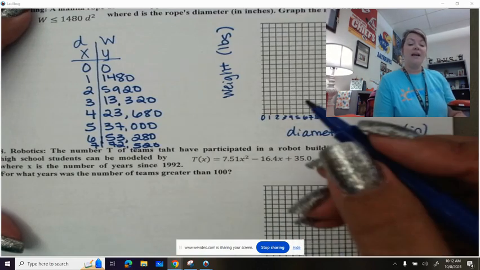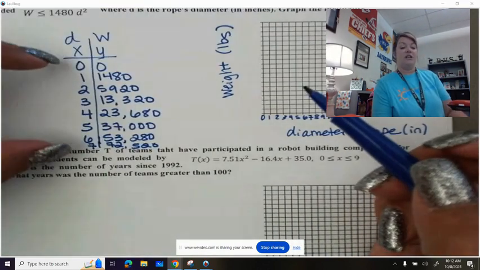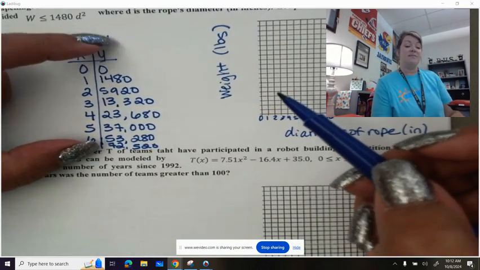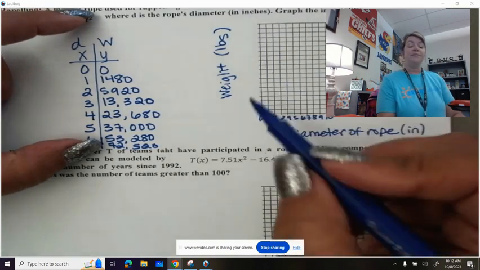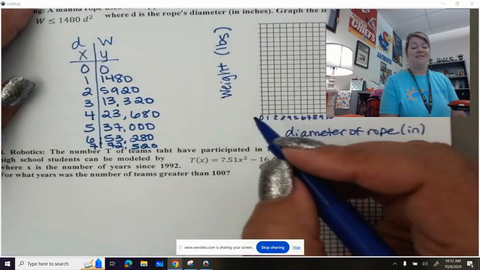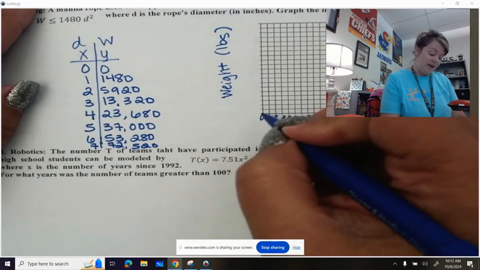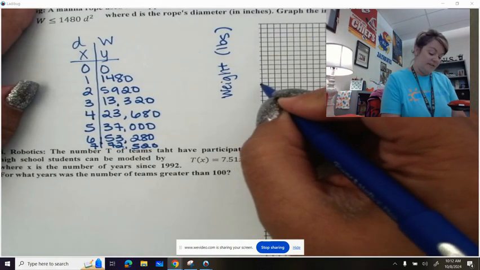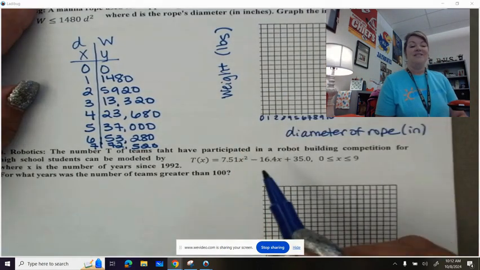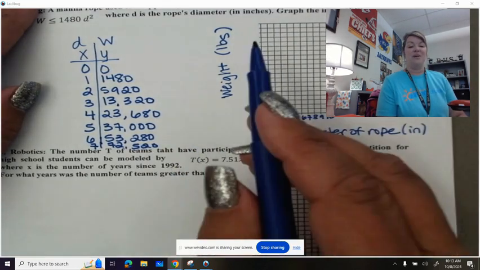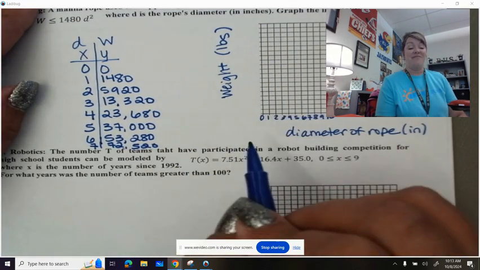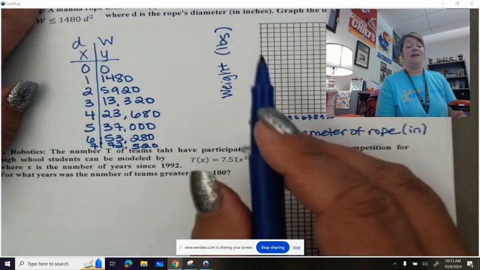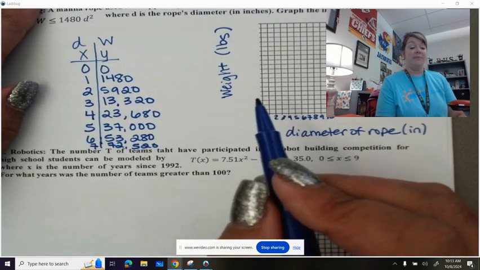But my weight, I need to go from like 0 to, man, this goes up to 72,000 pounds. So I can't do them by thousands because I really only have looks like about 20 marks. So thousands would only get me up to 20,000. What if I go by 5,000s? Does that help me? I think that would get me to where I wanted to be.